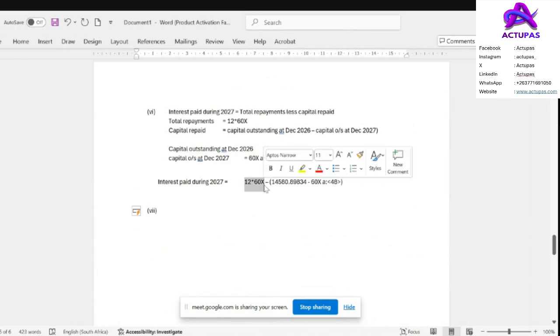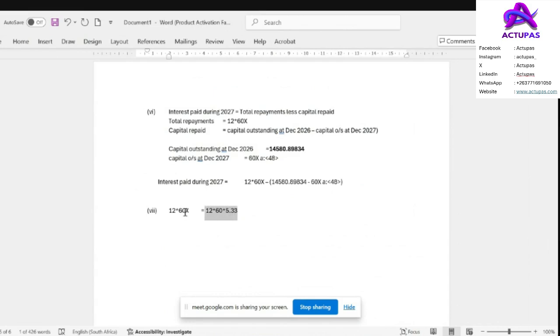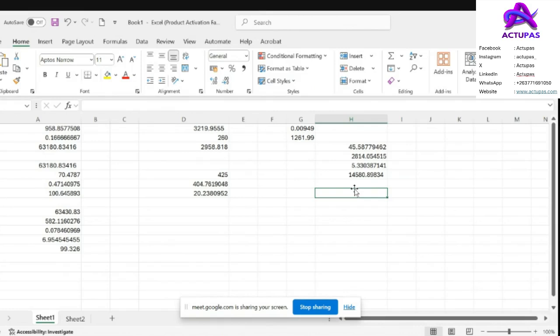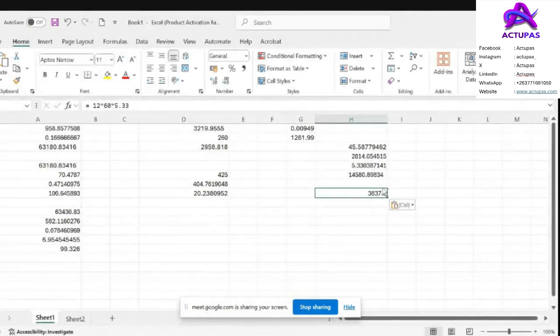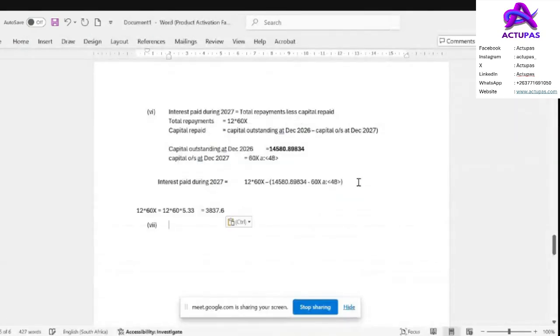This would be equal to 12 by 60 by our x, which is 5.33, giving 3837.6. This would be our answer. And then we want to compute this other part.